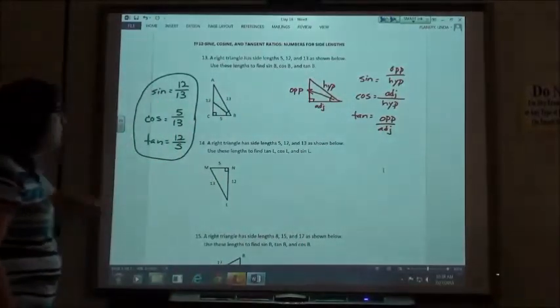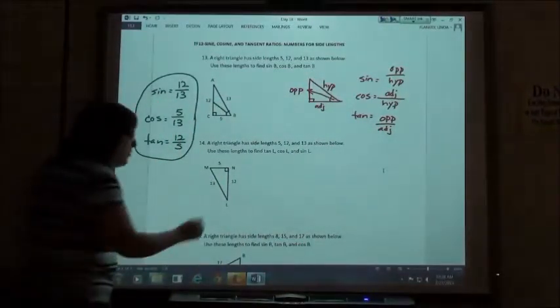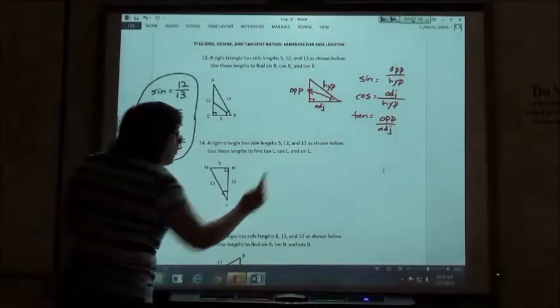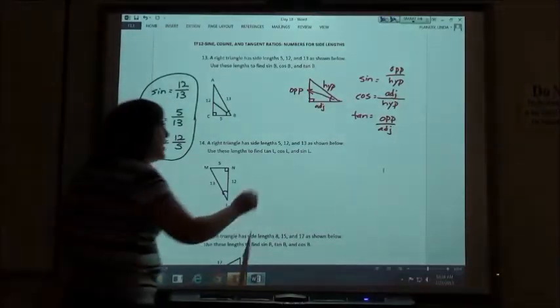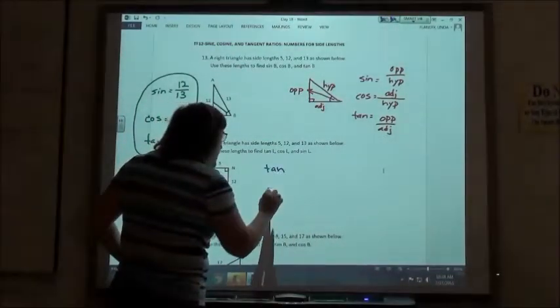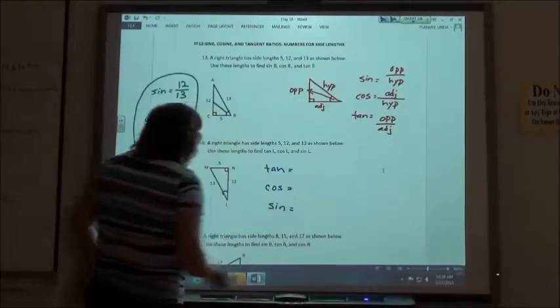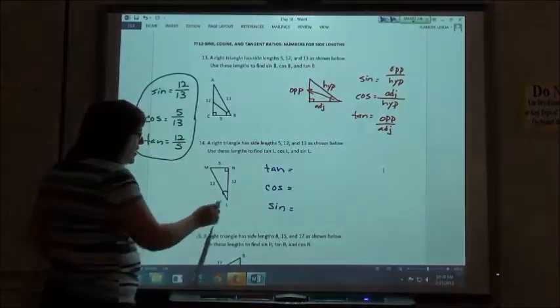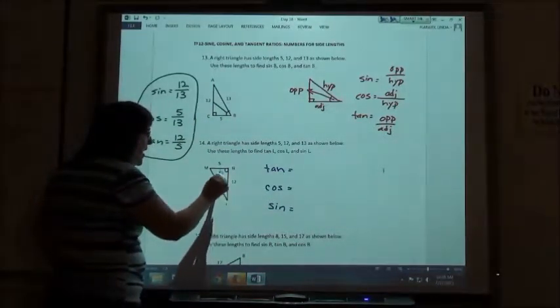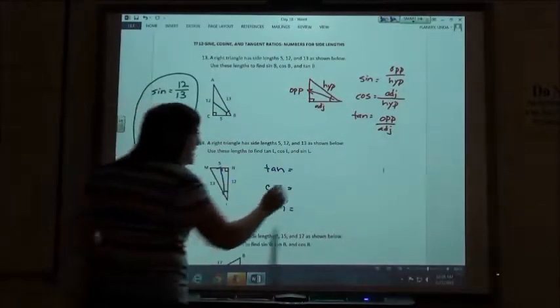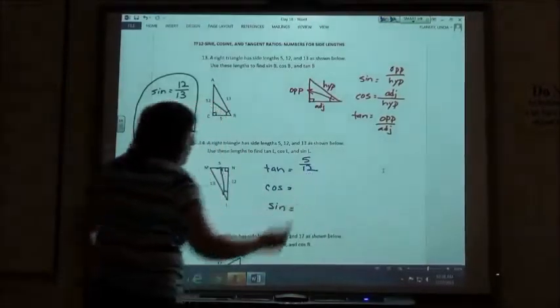So again, we have our right triangle. They've got it all turned around, but this is the angle that they're going to look for. And they switched it around. They're going to have you do the tangent first, the cosine, and then the sine. So my tangent is my opposite side over my adjacent side, so 5 over 12.